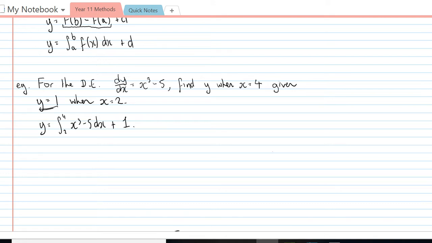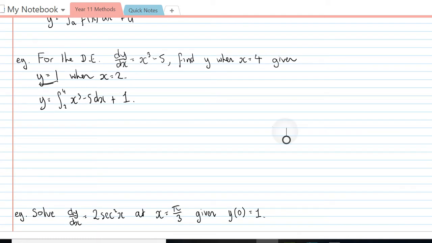So that's this y condition here. Now it's just a matter of evaluating that. We get x to the 4 on 4 minus 5x between 2 and 4, and then there's still a plus 1 on the end.